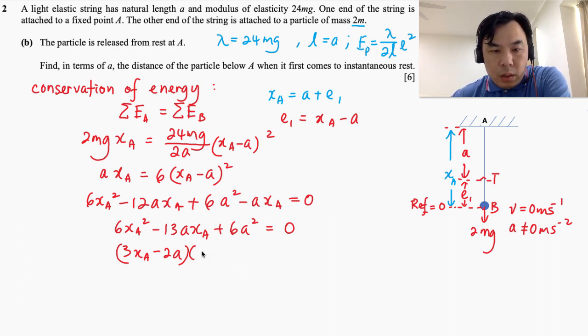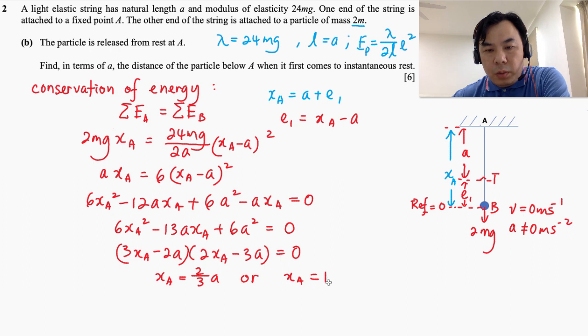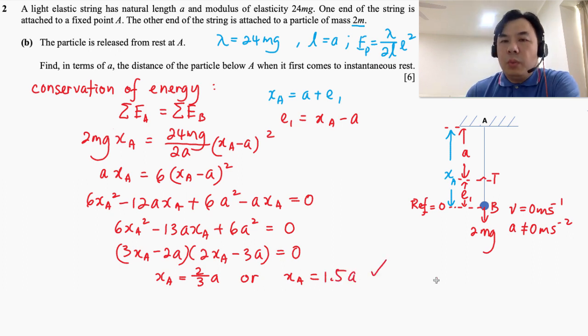Hold on. That will be 2xa now because it's 6. So from here we found that we can have 2 over 3a, or xa could be 1.5a, which was the correct answer. We already knew that from our first approach.